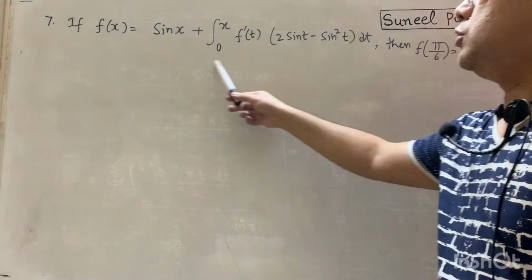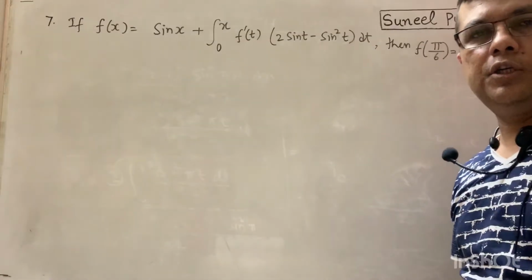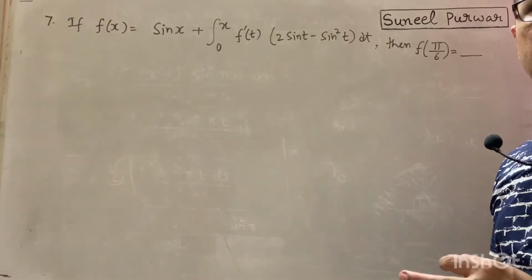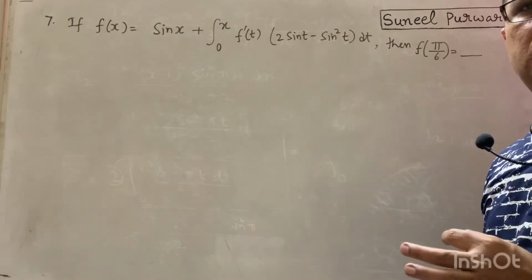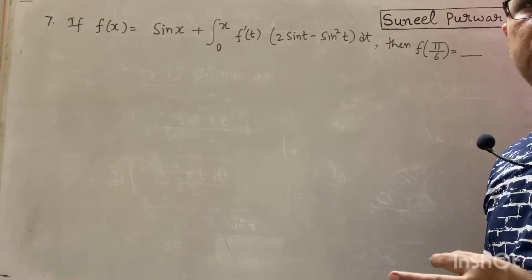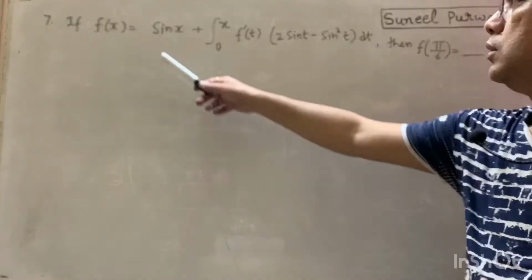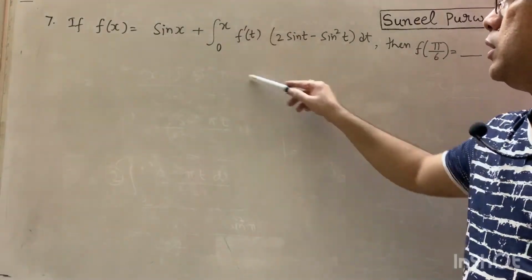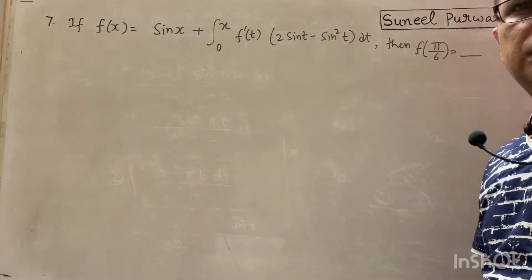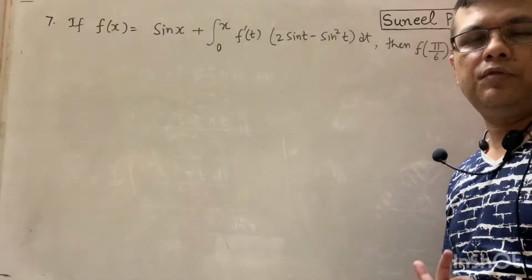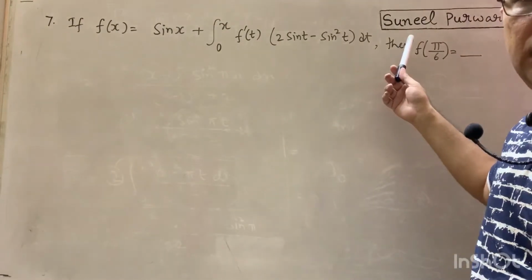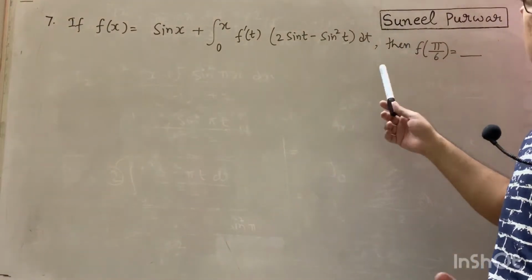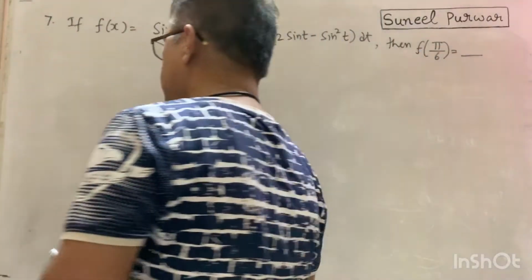Now look at this next question. By looking at the question, immediately the first thought that must come to your mind is applying the Leibniz rule of differentiation. Whenever you are having an integral with variable limit, most of the time that Leibniz rule of differentiation, which I had revised in the beginning, will be used to answer the question.